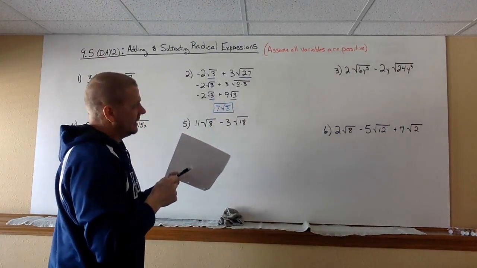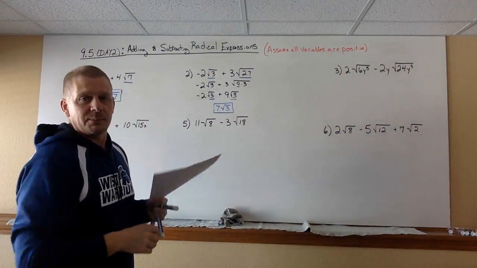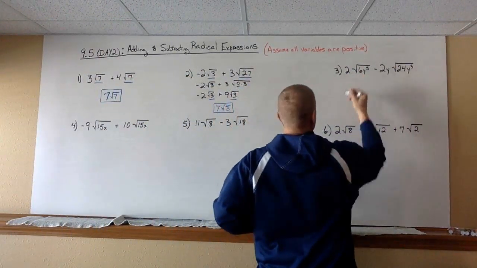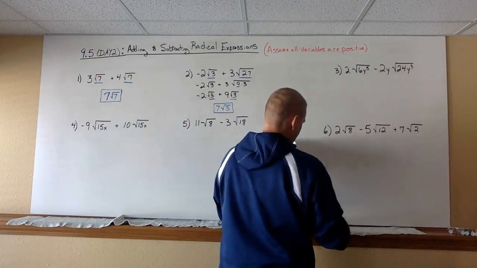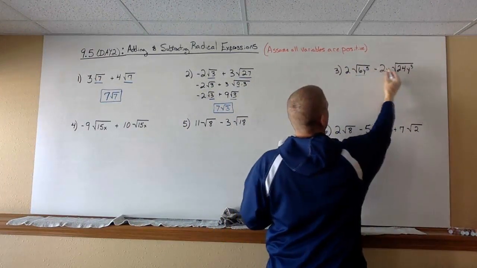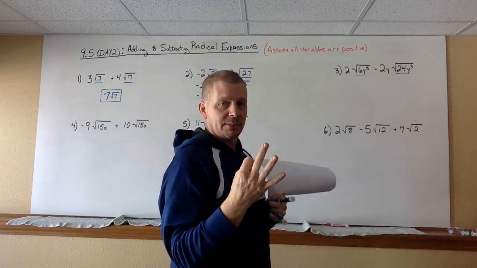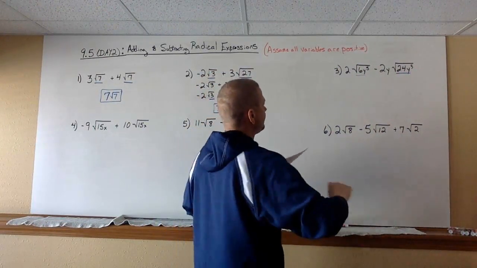Okay. Number 3 gets a little bit more complex only because there's variables in it. Notice my roots, they're not the same. So what I'm going to try to do is my rule number 3. I'm going to try to simplify them.